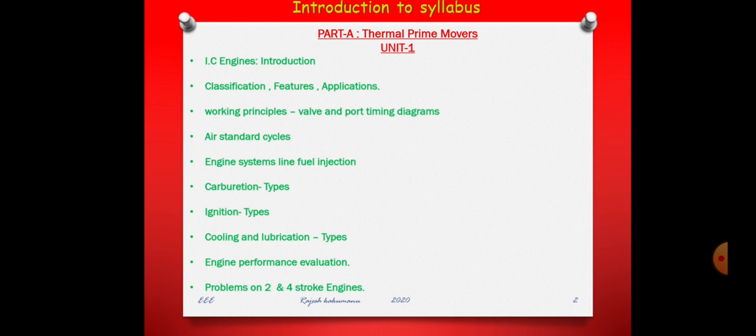Next, carburation types. What is the meaning of carburetor? If you see any scooter, for example a Hero Honda vehicle, Pulsar models, or four-stroke bikes, you can see the tank on top. Below the tank is the on-off switch for the petrol flow.